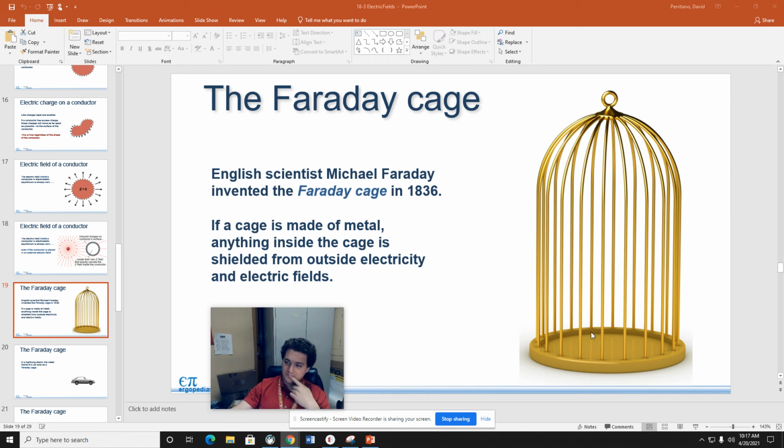Story goes, he took a bird cage with a canary in it, some sort of bird, and he shocks the cage, sticks electricity on it. Bird's fine. Bird lives because charge coats the outside of the cage, not the inside. Charges don't like each other, so they didn't go inside to where the bird was.